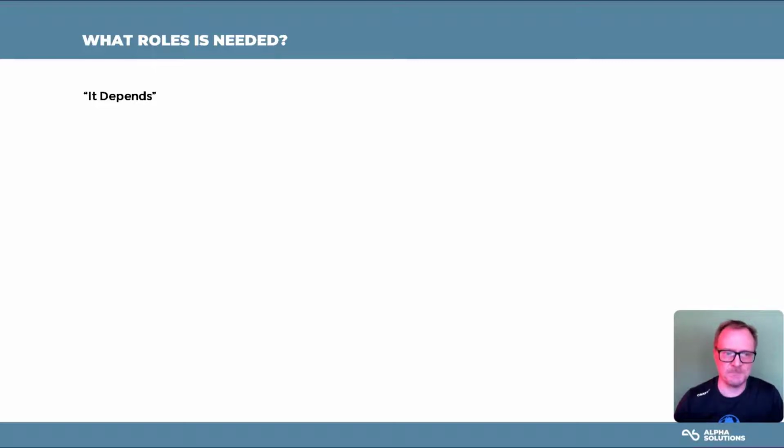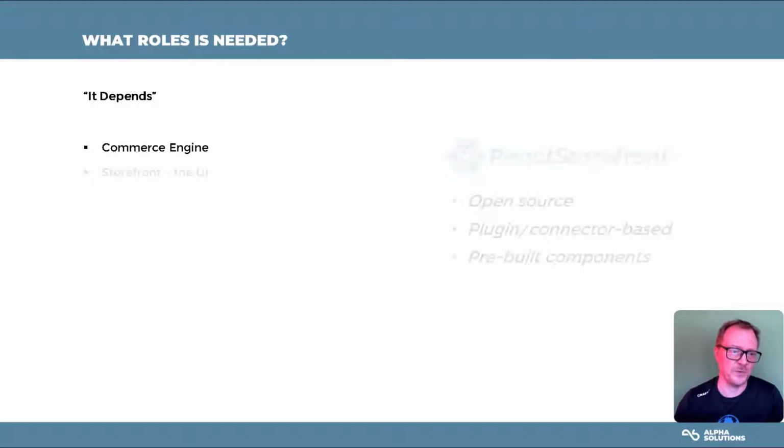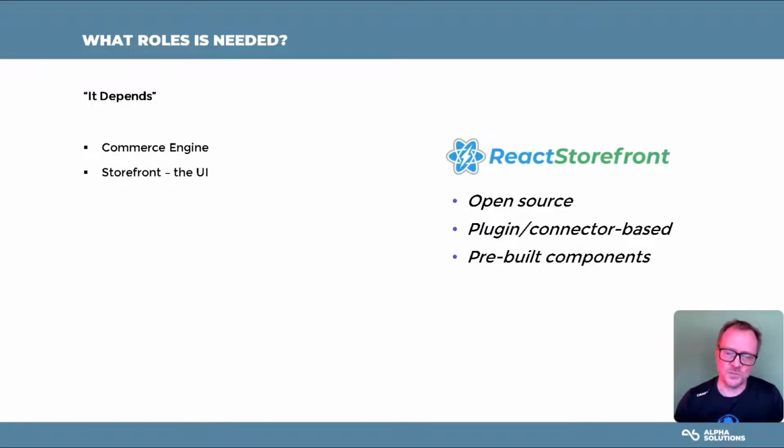The basics would probably be this: a commerce engine. It could be a commerce engine such as Sitecore's OrderCloud. It's an API-first headless e-commerce system that's designed to build both B2B and B2C and marketplaces, and so on and so forth. You also need a storefront UI.